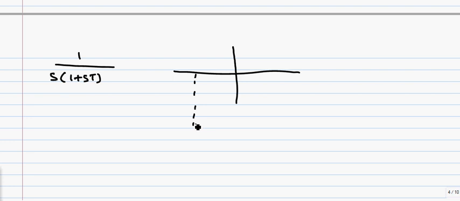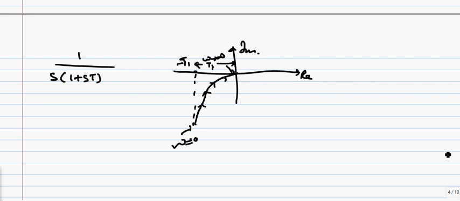Let me redraw this. It goes like this. Okay, these are the arrow mark directions, which indicate this point is when omega equals 0, and this point is when omega tends to infinity. And this point is minus t1, and we can represent this as t1. This is the distance of this point from the origin, on the real axis and imaginary axis.